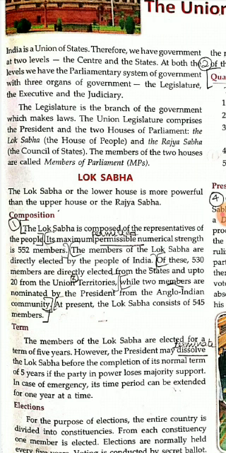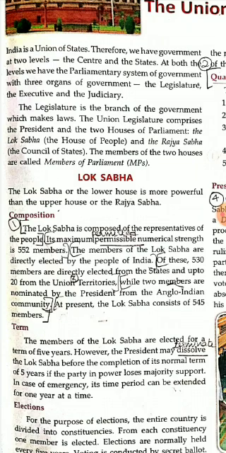So the Union Legislature is made up of the President and the two houses of Parliament. And which are these two houses? The Lok Sabha and the Rajya Sabha. The members of the two houses are called members of Parliament. So the members of the Rajya Sabha and the Lok Sabha are known as MPs, or the members of Parliament.